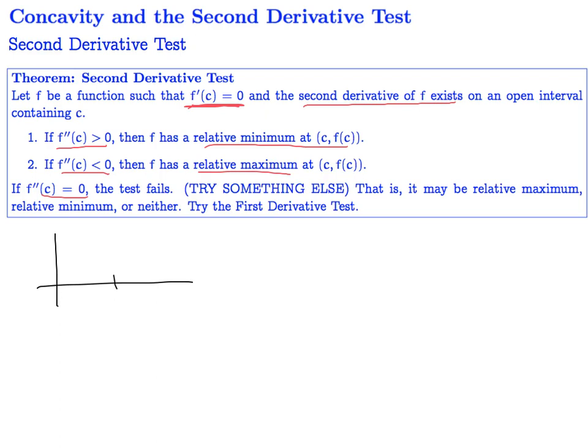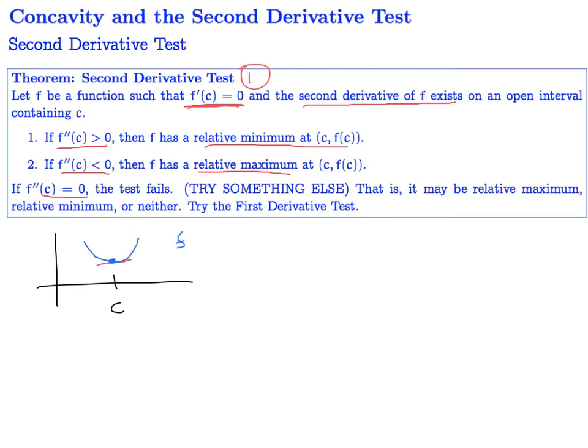So C is a point on our graph, and the first thing we want to look at is that if we put this in our first derivative, we're going to get 0. That tells me on my graph here at C, I need to have a slope of 0. My tangent line is in red there. If my second derivative is positive, remember that means my function is concave upwards.